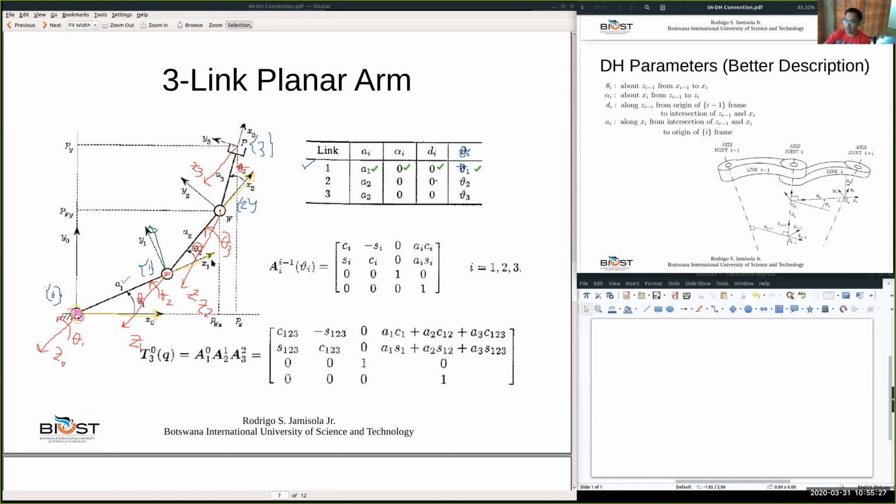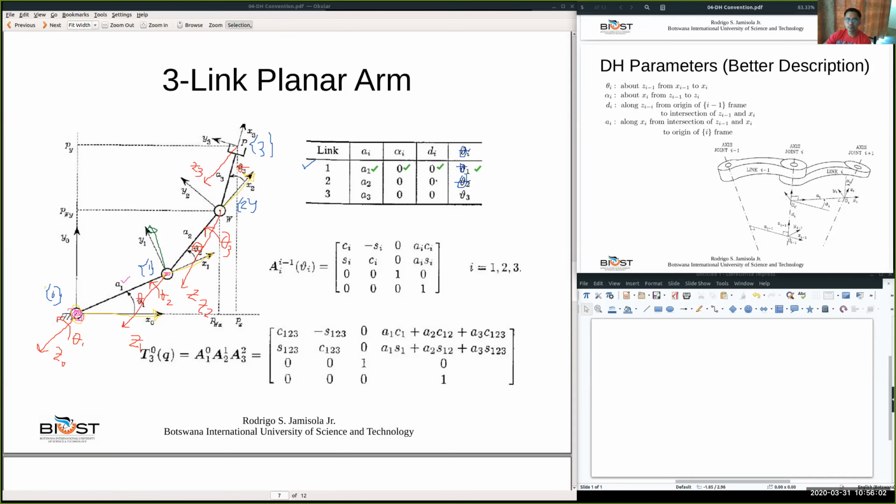Where is X1? X1 is here, and X2 is there. I hope you can see that spotlight. This is X1, and X2 is there. About Z1, from X1 to X2, that's a positive direction, and so this is now your theta 2. So we identified theta 2. Let's make it blue.